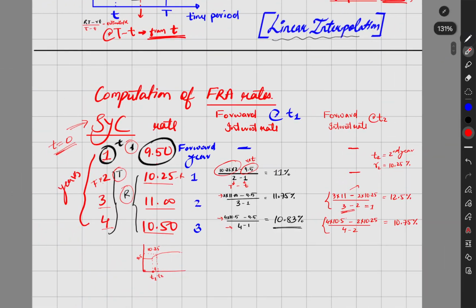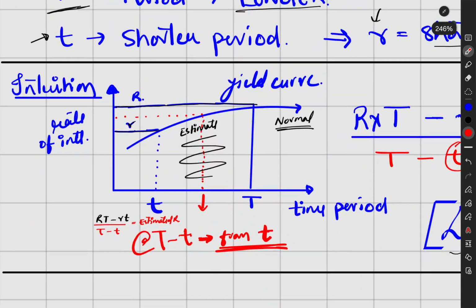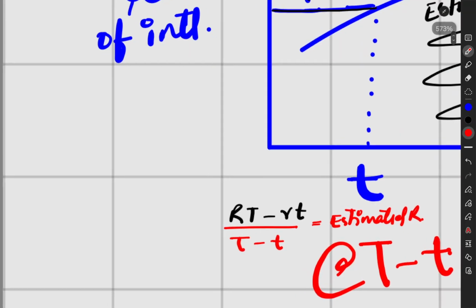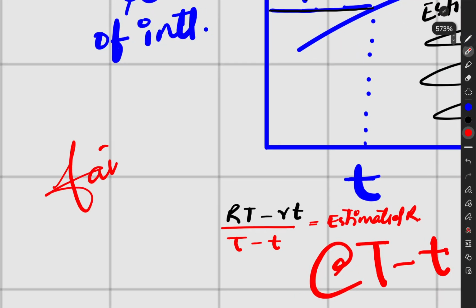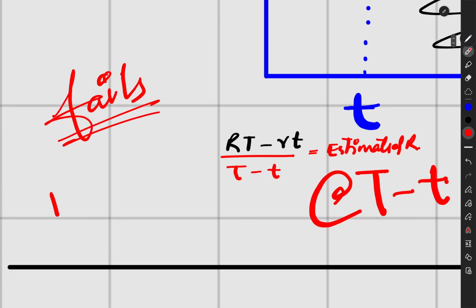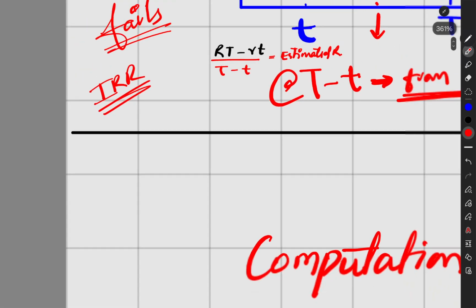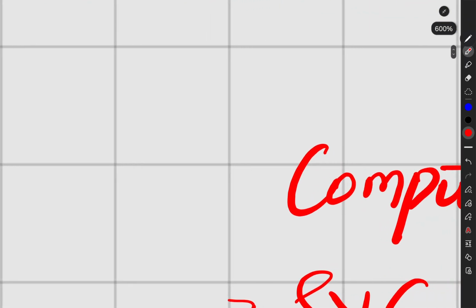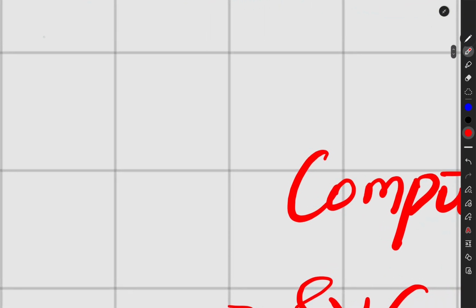A very short video just to get this intuition right, but the formula fails. It actually fails to capture the true essence. The better method is to go for IRRs. What is the IRR method? I'll just quickly tell you about it. The basic idea is that you should not have a deviation in valuation.